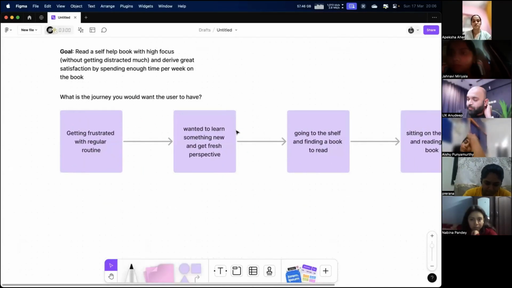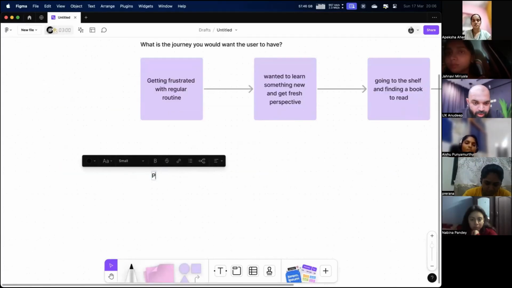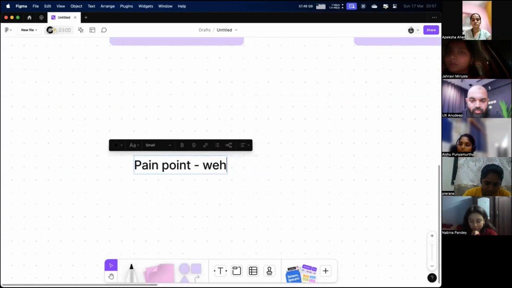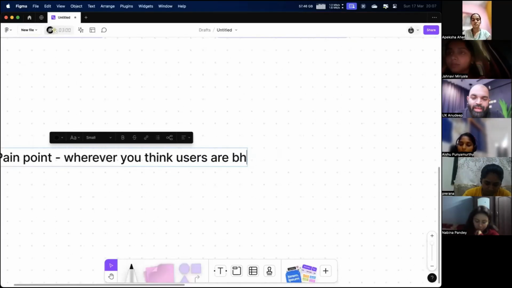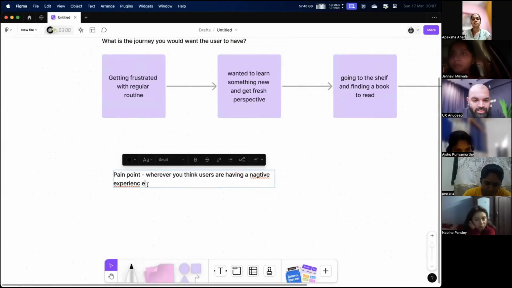Okay. Now, from the research which you have done, from whatever you have spoken to users, all that stuff, where are the places where you can find pain points and opportunities? A pain point is wherever you think users are having a negative experience. Correct? Yeah.